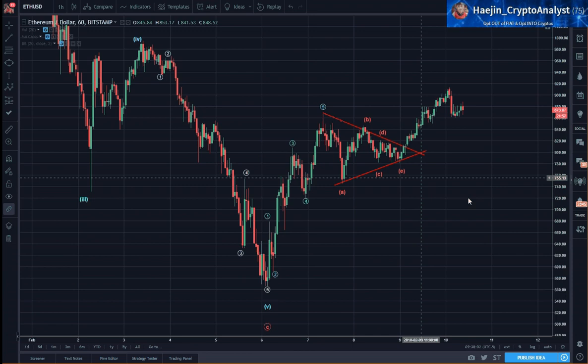So really there's 4 types. So A, B, C, D, E, after that it broke out of the triangle.